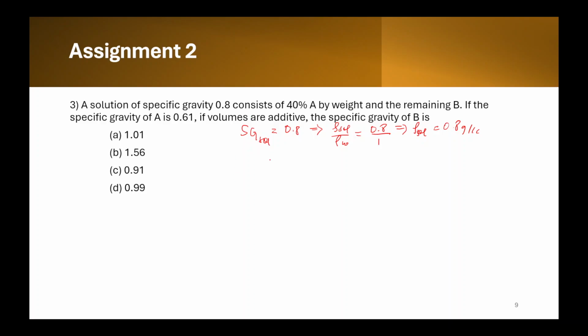So this is the rho of solution we know. And what is the mass fraction of A, so WA is 0.4. So WB will be 1 minus 0.4, so 0.6.